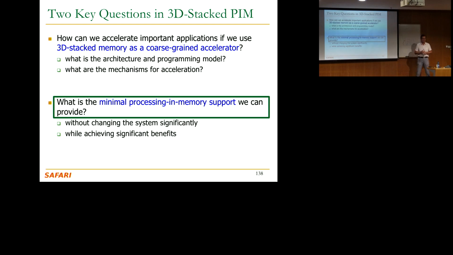You're going to cover PIM-enabled instructions there? Yes, in the minimal support. We're going to talk about some minimal support, such that we don't change the virtual memory system. I think the virtual memory system is really hairy. You either do something like Tesseract, which gets rid of the virtual memory system. Everything is physically addressed. It may not be the best option.